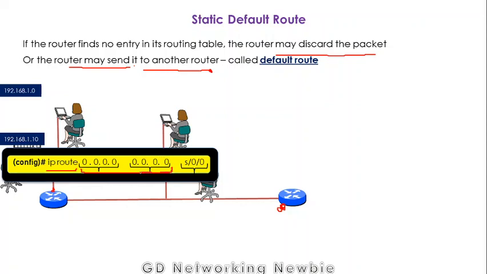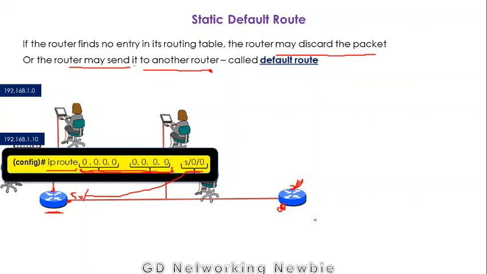This indicates that whatever the IP address of the packet received by this router, all those packets have to be forwarded by this interface. So all the packets whose IP address is not available in the routing table, this router is supposed to forward from this interface, and this interface is connected with this router. So this router will act as the default router here.